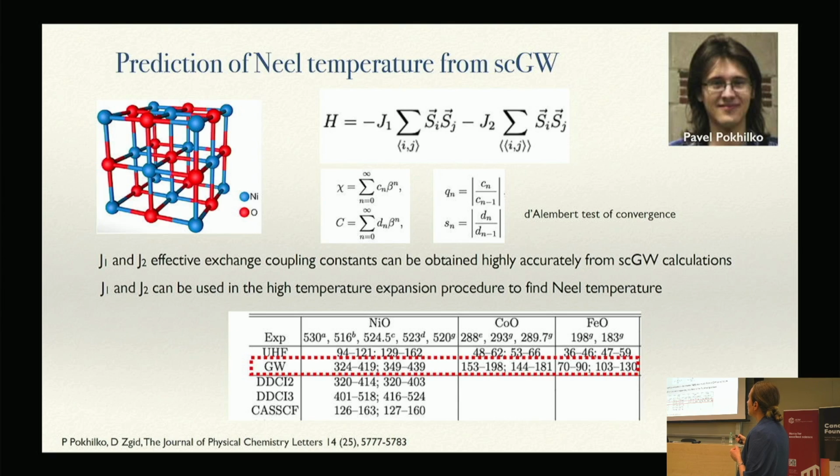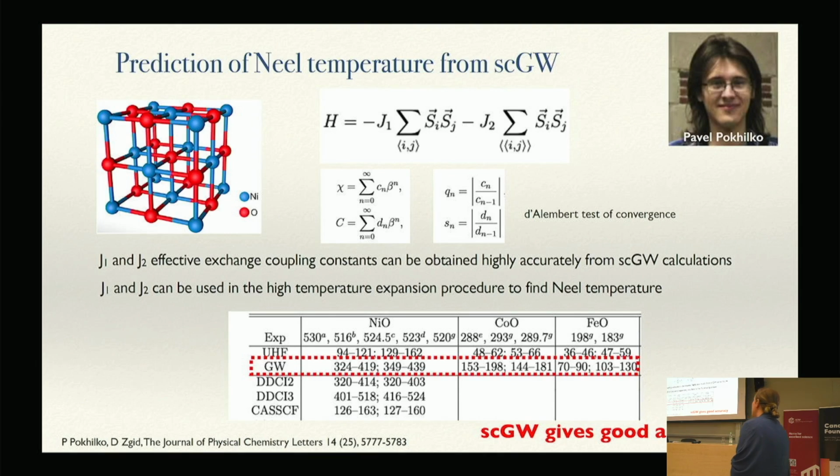We get from that a spin Hamiltonian. So we get J1 and J2 coupling constants. Based on that, we do a finite temperature expansion where we calculate the temperature-dependent magnetic susceptibility, and where it has a kink, which signifies a phase transition, we read off the temperatures, okay?